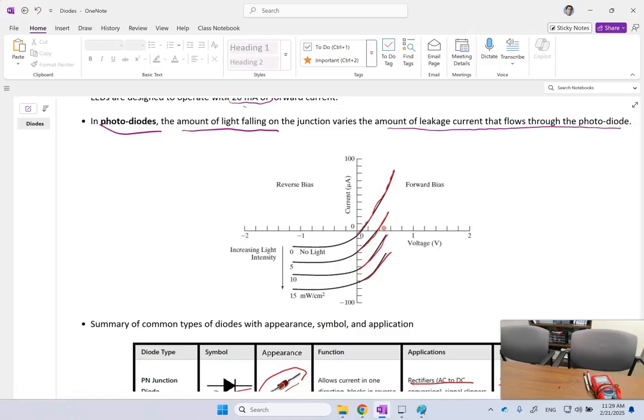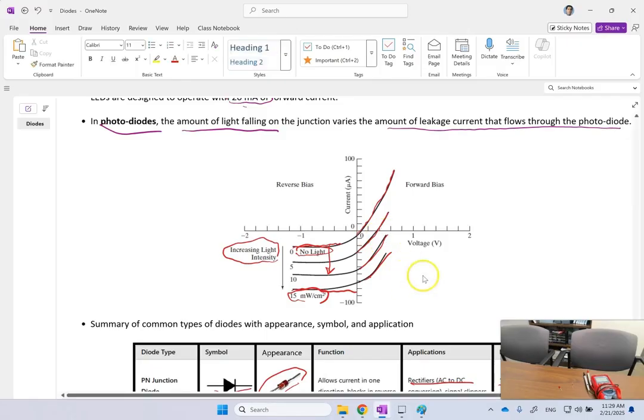Now, how much current will pass through them depends on the intensity of the light. The more light that you pass through them, the more current they are going to generate. So here is no light, they generate very small current. But as the light increases, the amount of current they generate increases as well. So this is the behavior of a photodiode.